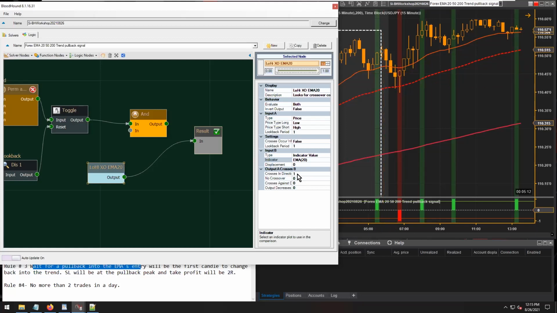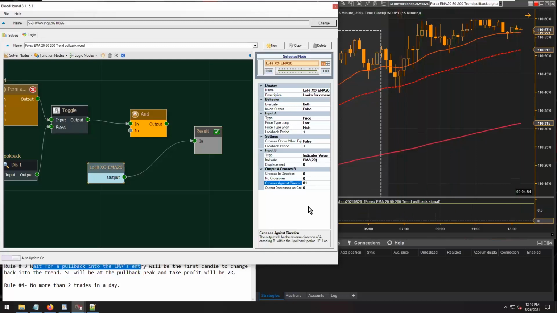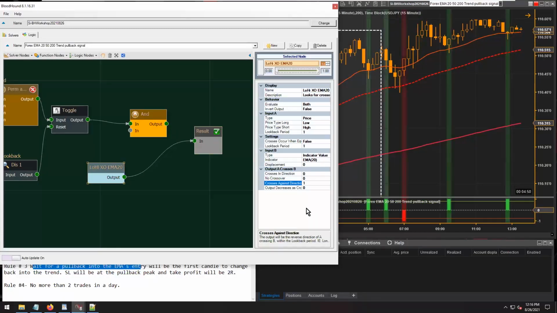So instead of using the crosses in direction, I'm going to use the cross against direction. And now things are going to look correct.